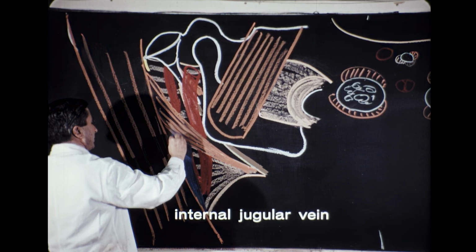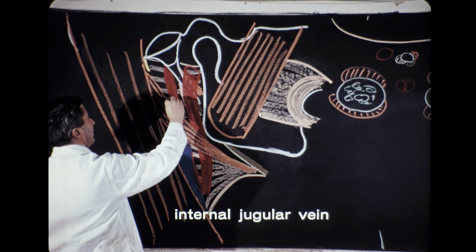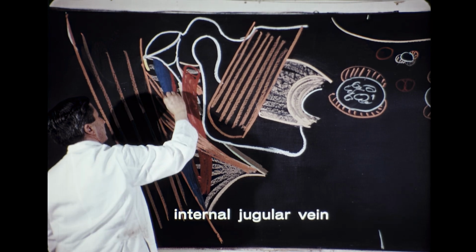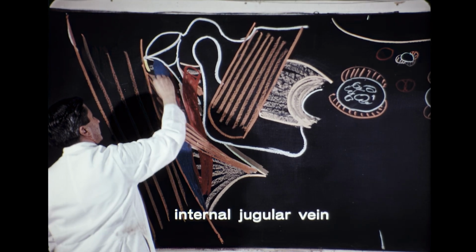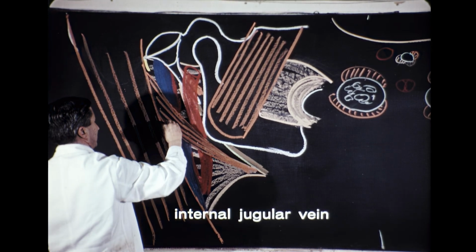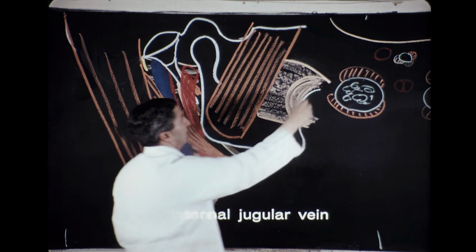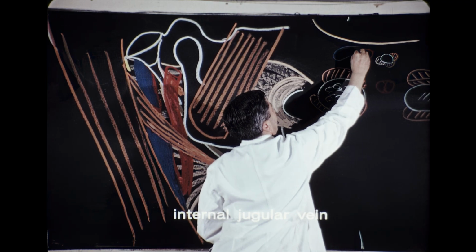And having passed up deep to the posterior belly of the digastric, it will of course overlap the whole of the internal carotid, and pass up like this in this region. So we can put in here the internal jugular vein cut across.